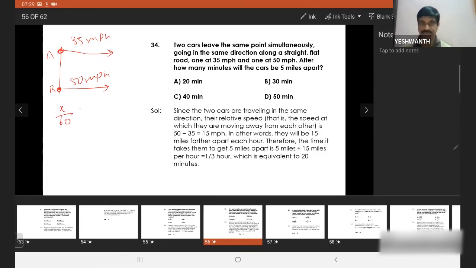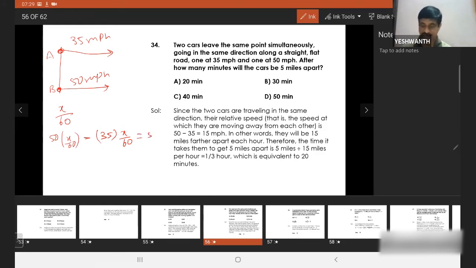So first person will travel how much distance in X minutes. So first person will travel 35 into time, X by 60. Second person will travel 50 into X by 60.